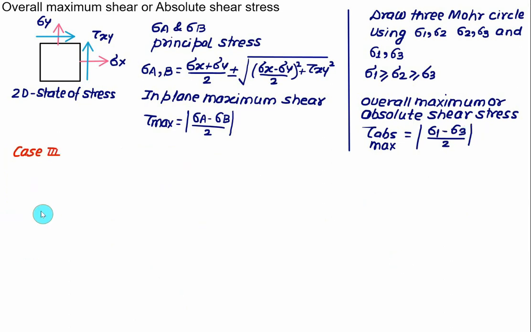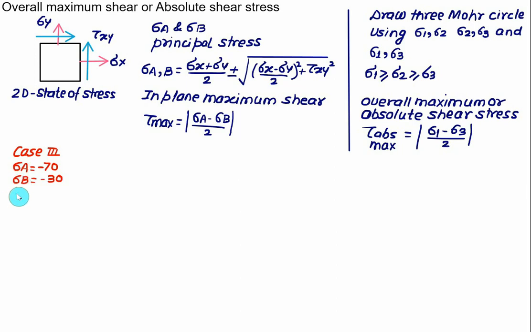Now we'll take case 3, in which the principal stresses obtained for the given two-dimensional state of stress, sigma A and sigma B, are both negative. Say for example, we have sigma A equal to minus 70 and sigma B equal to minus 30. That is, the values of sigma A and sigma B are both less than 0.